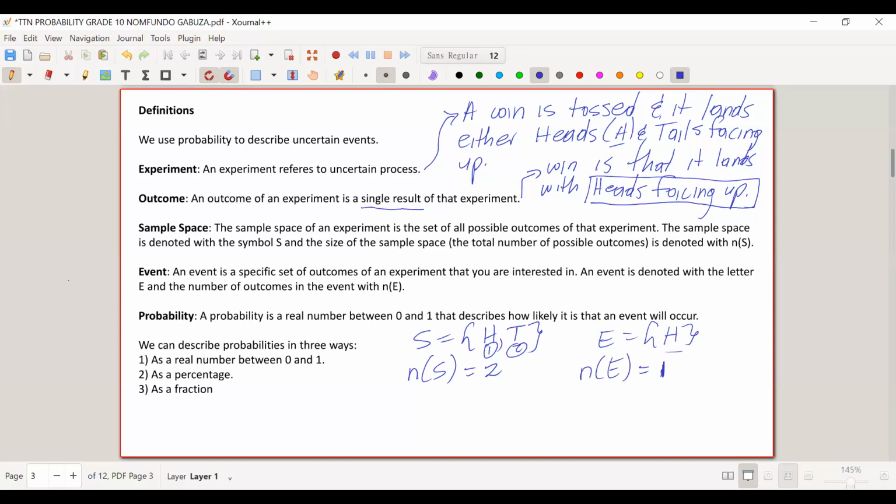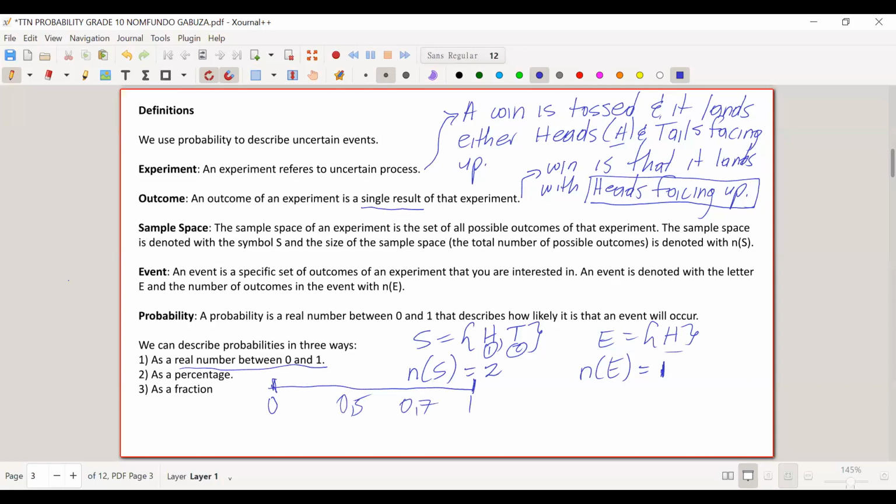So what do we mean by a probability? A probability is a real number between 0 and 1. And probability can be described in 3 ways. We can use real numbers between 0 and 1, like 0.5, 0.7 up until 1. It's a scale from 0 to 1. So this is the probability scale.